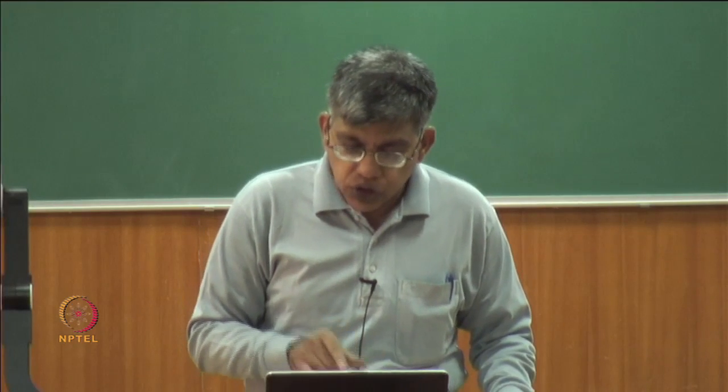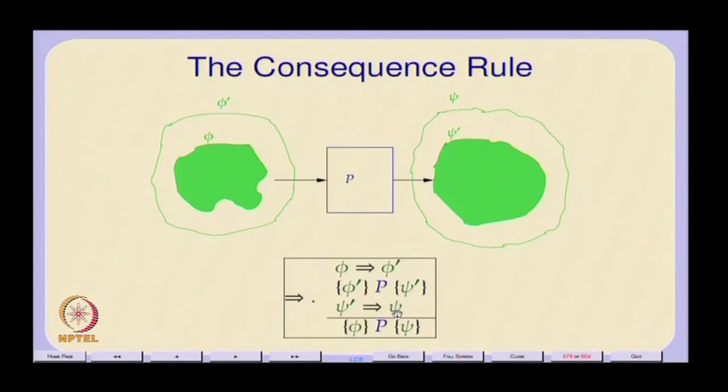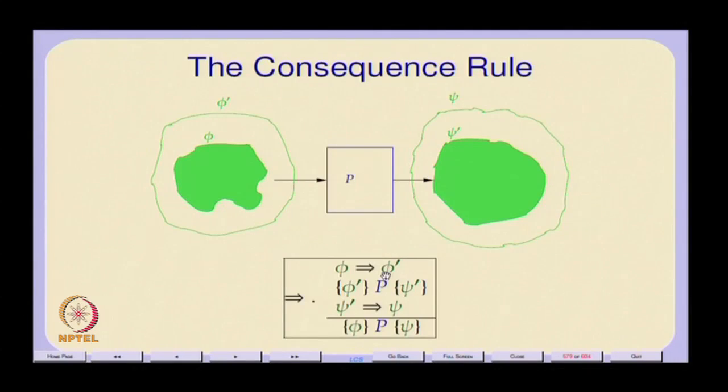So, what your actual program verifier does is it just gets these triples, and all the connections between the various kinds of triples have to be done through the theorem prover, let us say a first order logic theorem prover in this case.